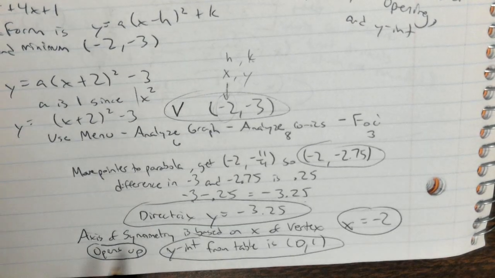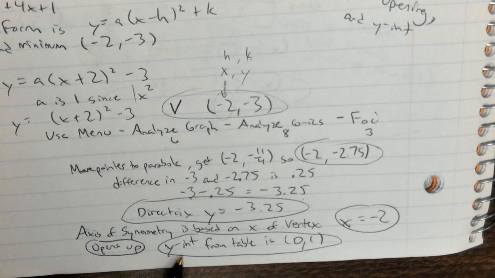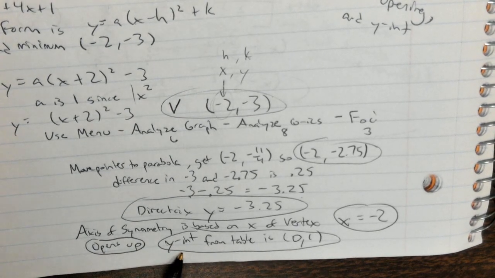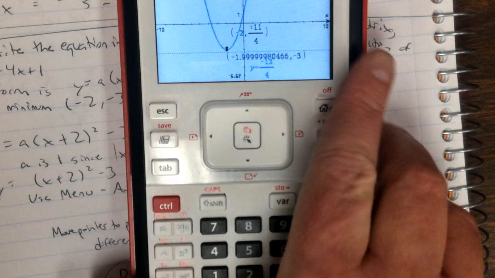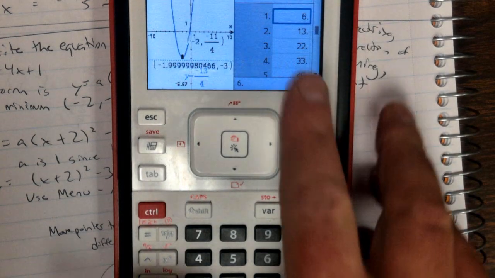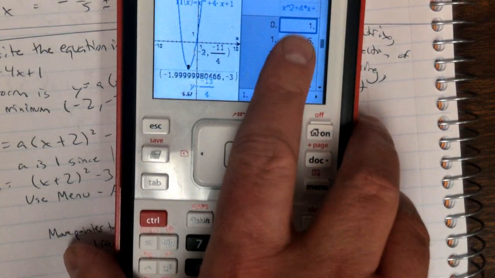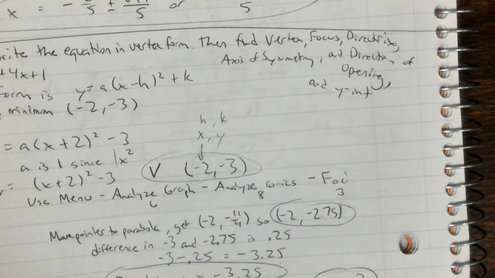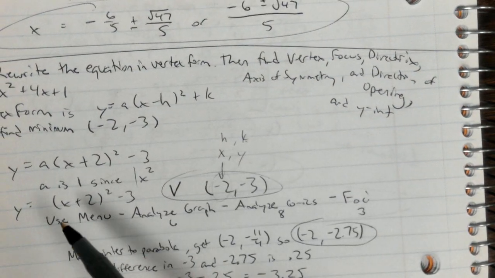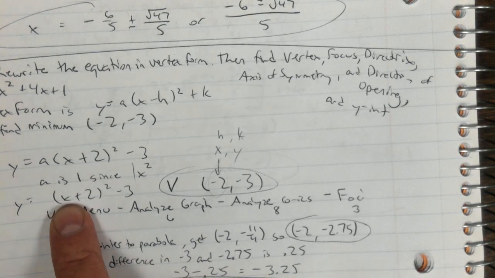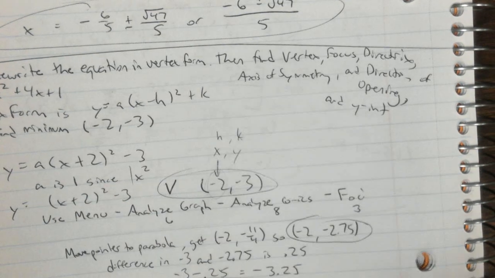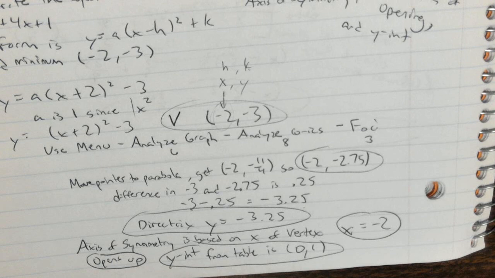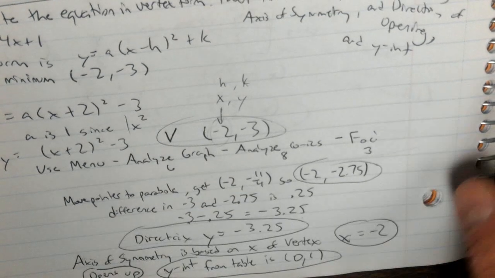So this is a parabola that opens up, and then to get your y-intercept, the easiest way is just to do Control T to get your table, and there's 0, 1. That's the easiest way. You could have plugged in a 0 here and said 2 squared is 4, 4 minus 3 is 1. So it's 0, 1. Okay, so that's the review type problem. There's also another one like that in a little bit.